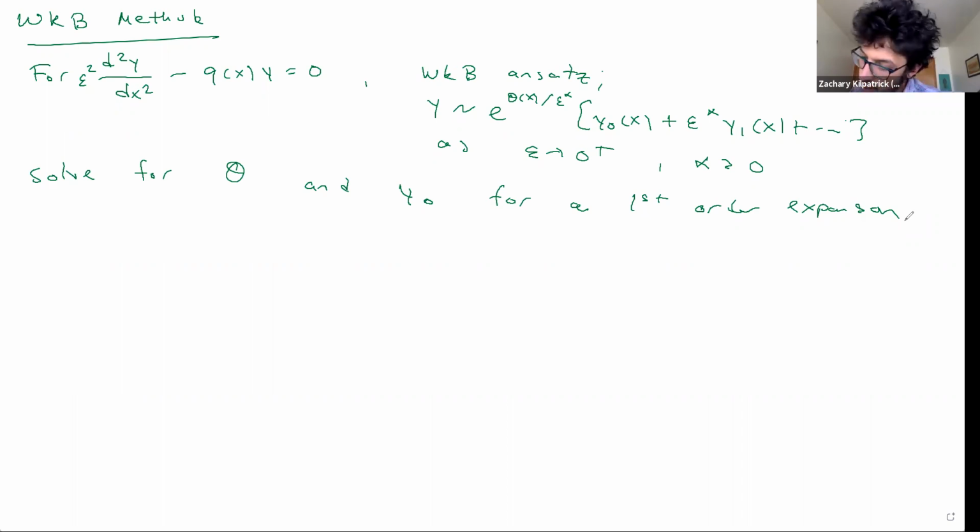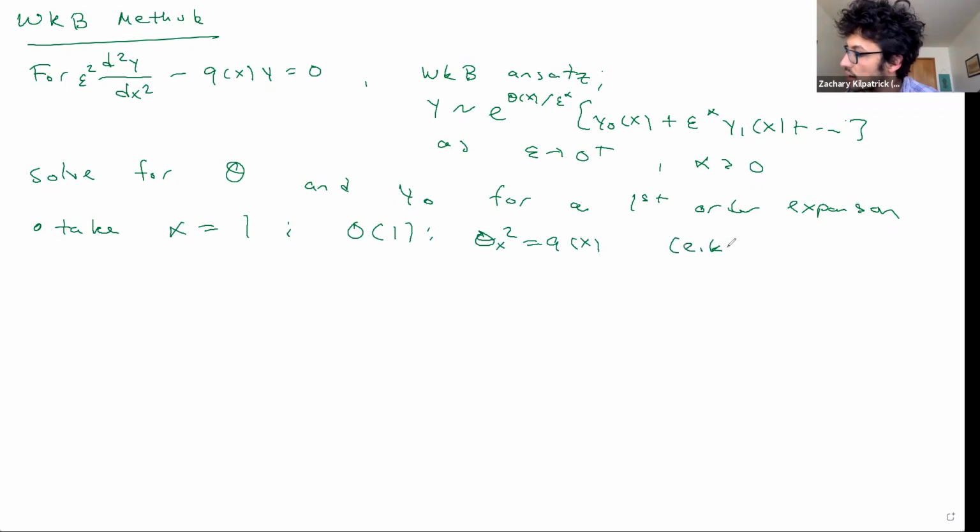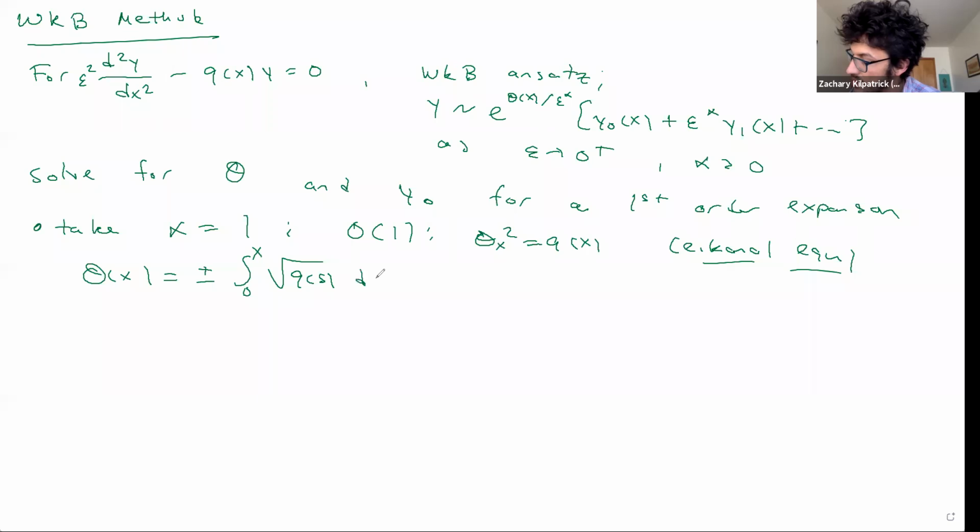Okay, so what we found is that if you take alpha equals 1, then you have at order 1 theta x squared equals q of x. This is our eikonal equation, and theta of x is equal to plus or minus the integral from 0 to x of square root of q of s ds plus theta of 0.